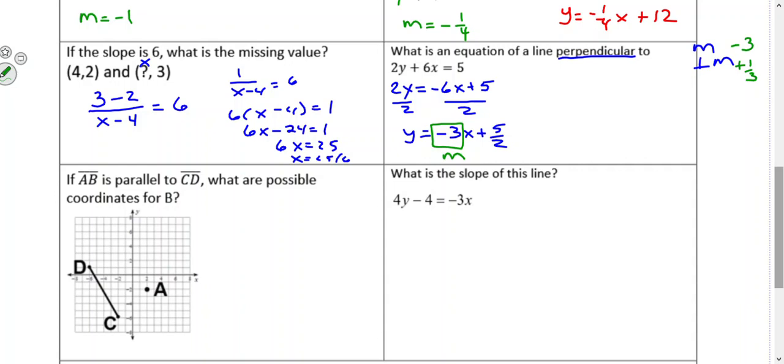So our equation of something perpendicular to that would simply be y equals 1/3 x plus any number. Just picking a random number, 3. If you were to graph those two equations, this one and the original one, they would be perpendicular to each other.